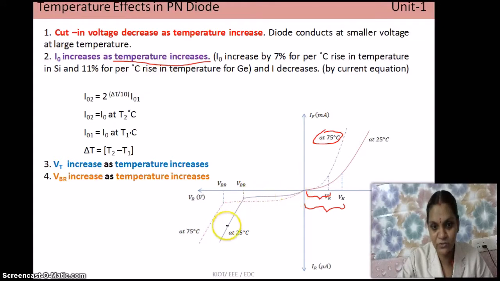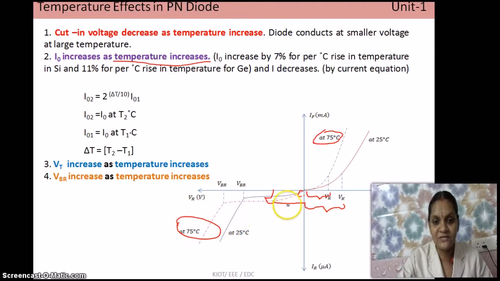When you look at this curve, this is the lower temperature, and for the lower temperature this much will be the I0. Similarly, when considering the higher temperature, I0 extends to this point, so this is the range of I0 at a temperature of 75 degrees centigrade.